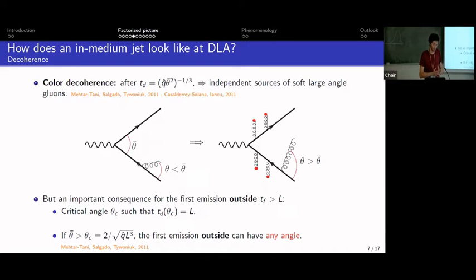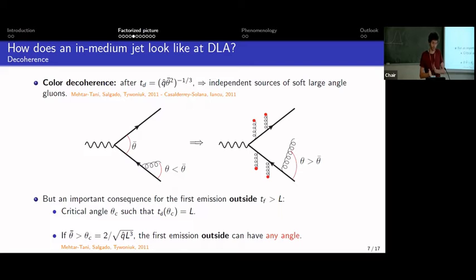In terms of scales, this resolution scale of the medium is an angular scale which is precisely related to this decoherence time when we set the opening angle of the dipole to be equal to L. So if the opening angle is larger than theta c, after the propagation of the dipole through the entire medium, the first emission outside can have any angle.